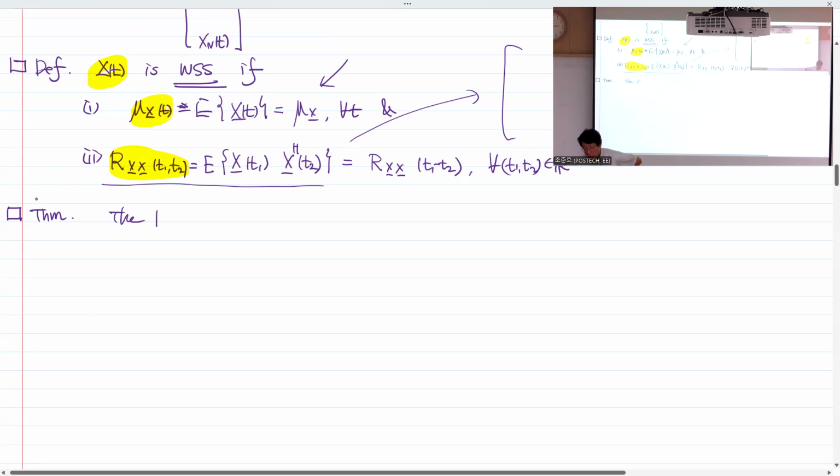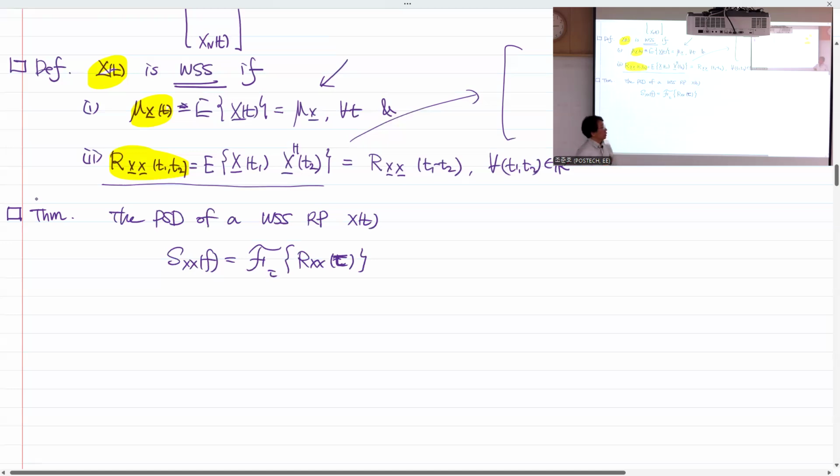The power spectral density of a wide-sense stationary random process x of t, denoted by S sub xx of f, is simply the Fourier transform of the autocorrelation function with respect to the variable tau, right? And this will be extended. Actually, it's a corollary of the theorem.